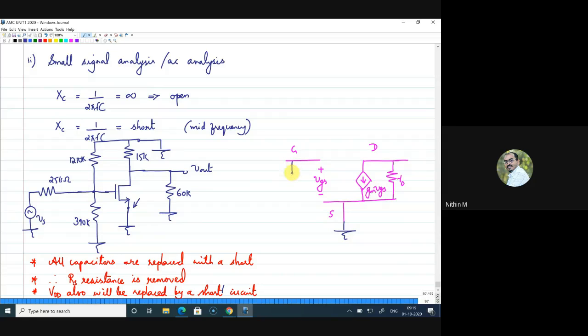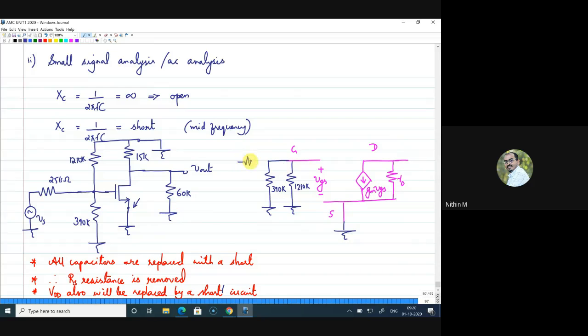You have one more resistance from the same point to ground, that is 390K. So either you can draw two resistances, or you can write one resistance and give the value as 390K parallel to 1210K. Now again from the same point you have a 25 kilo ohm resistance.